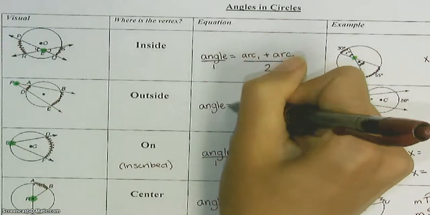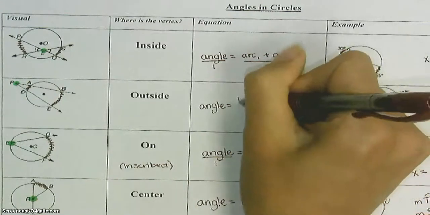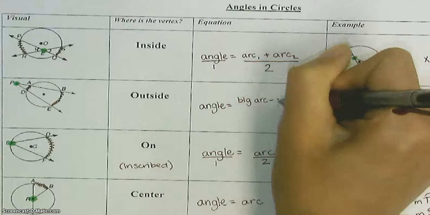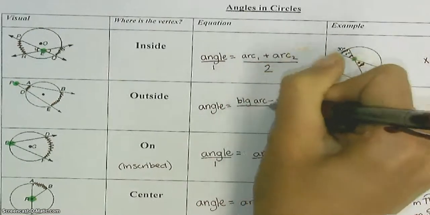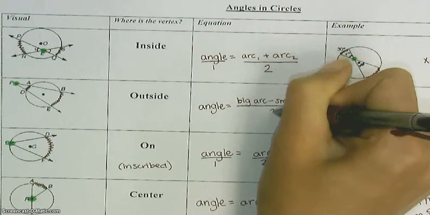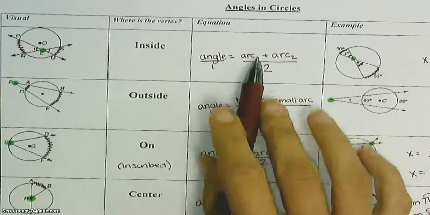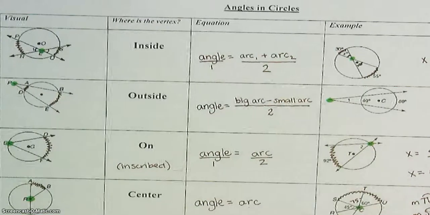Angle equals, but instead of averaging them together, we're going to subtract them. You're going to do big arc minus small arc divided by 2. So very similar to this, but it's a minus sign instead of an addition sign.